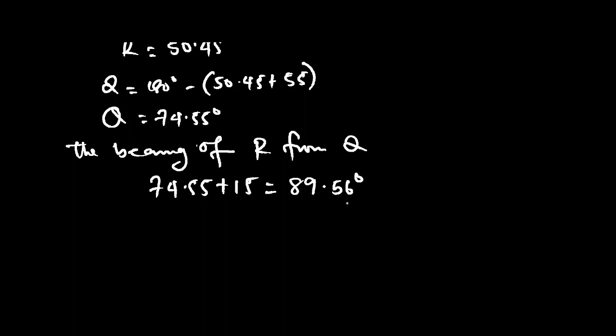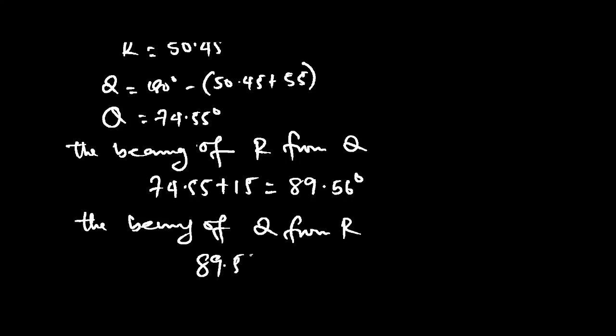So that's the bearing. Is that taken now? Okay, so the bearing of Q from R will be the backward bearing, right? So that will be 89.56 degree plus 180 degree, and that will give us 260.56 degree. I believe it's cleared now.